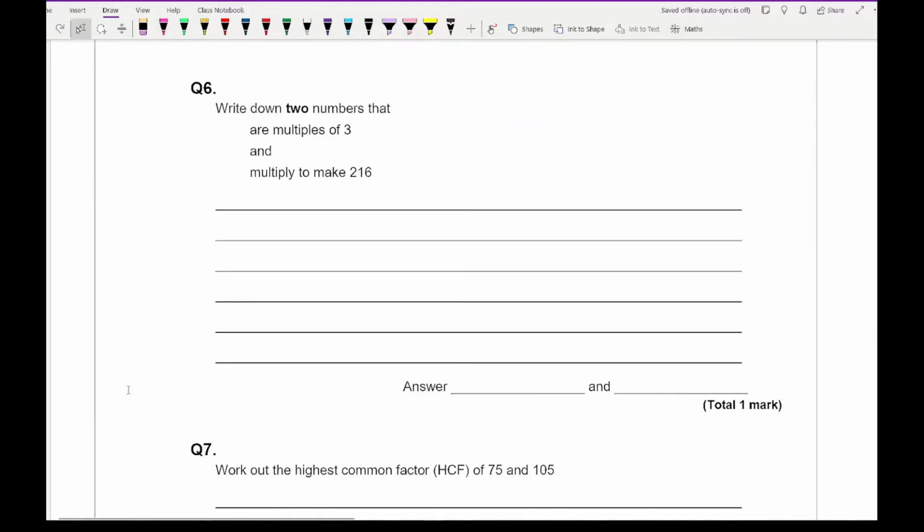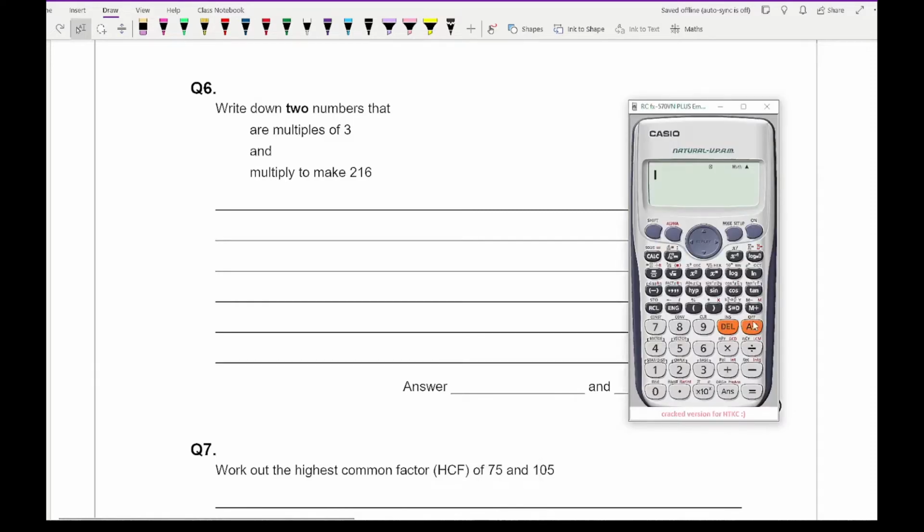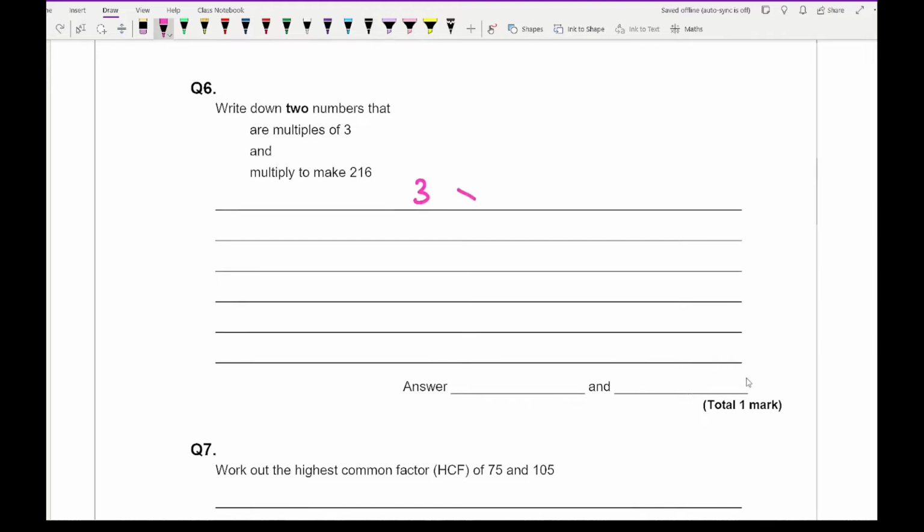Moving on to question 6, it says write down 2 numbers that are multiples of 3 and that multiply together to make 216. So here there are a couple of numbers you could go for. What you want to do is basically divide 216 by multiples of 3 and see if it gives you a whole number answer. So if I bring back the calculator and do 216 divided by 3, then straight away I know that 3 times 72 works.